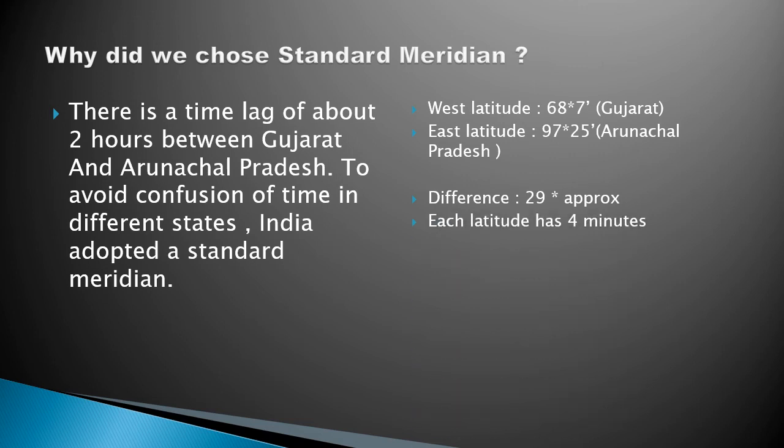And we all know that each degree has 4 minutes. So 29 multiplied by 4 gives you 116 minutes, that is approximately 2 hours. Because of this time lag, India selected a standard meridian which passes through 82 degree 30 minutes east from Mirzapur of Uttar Pradesh.